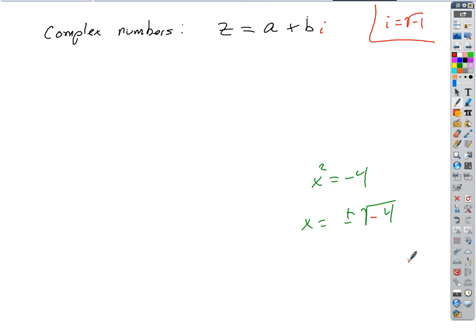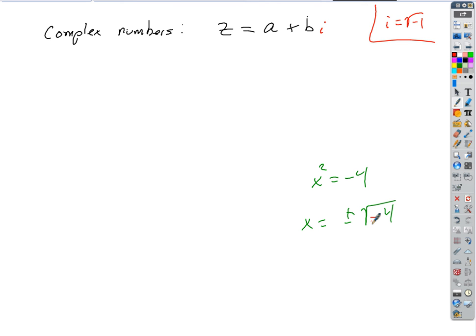Before last week, we would have said, oh, too bad, no real solutions, can't go anywhere. But what if we really want a solution to that equation? We can't use real numbers, but we could say, okay, we've got these complex numbers where the square root of -1 is equal to I, and now we can get a solution. So they fill in a gap that we had previously with just real numbers. They allow us to solve some other equations that otherwise we were stumped by, right?